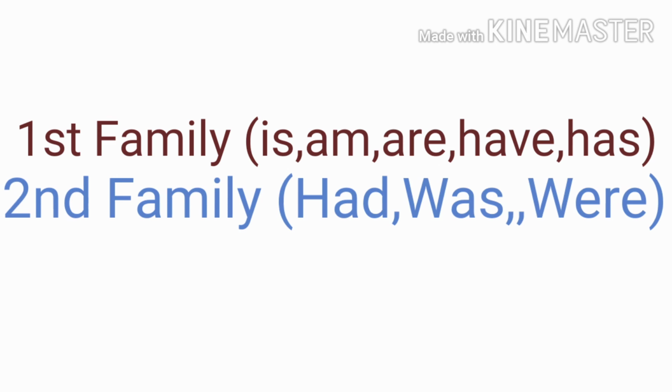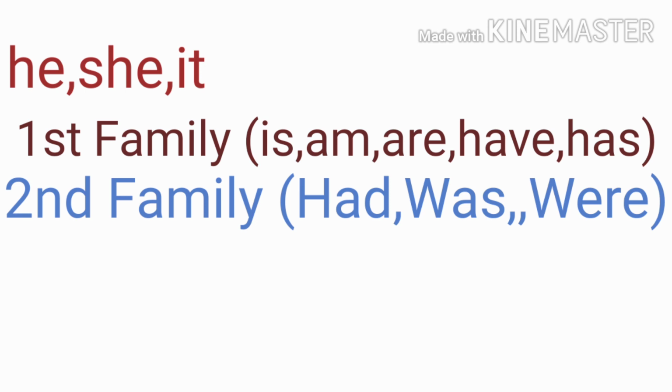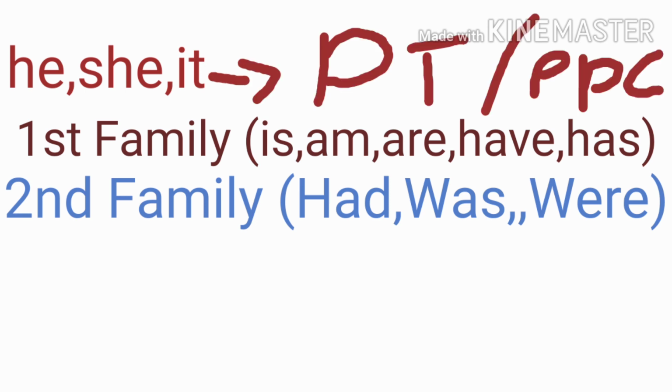Then have, has, is, am, are is another category, in another family. Okay, so now we'll move on and have a look at has. So has will be used with he, she and it. Okay, and what does it indicate? It indicates the perfect tense as well as the perfect continuous tense.